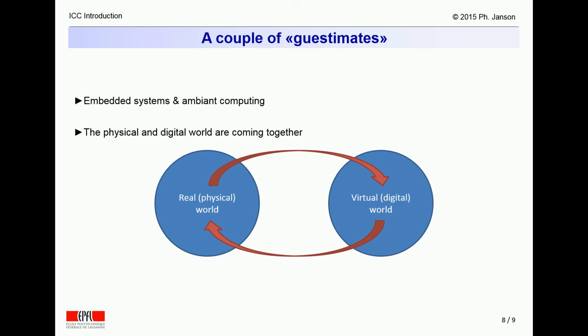The second trend, derived from the first one, is that the physical and digital worlds are coming together through a tight coupling. Equipping myriads of physical objects and their environment with sensors, embedded intelligence, and an ability to react and influence their behavior or their environment through actuators builds equally many links between the physical and digital worlds.